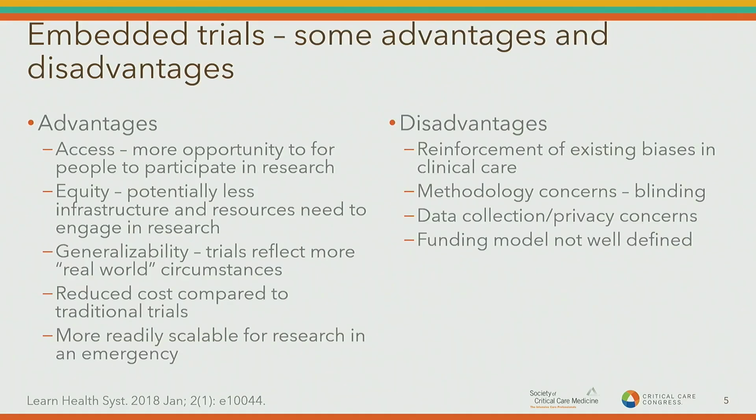There are lots of advantages, some probably that have panned out, some that are largely theoretical, to doing embedded trials. And there are some disadvantages, and I know one of the subsequent talks in this session will delve more deeply into some of the cautions around the idea of doing embedded trials and the use of real-world data.